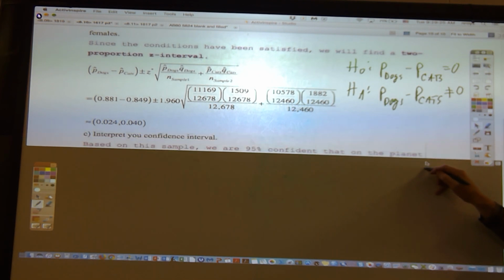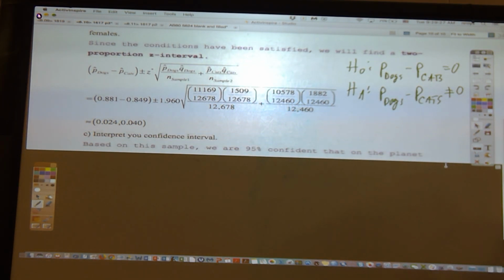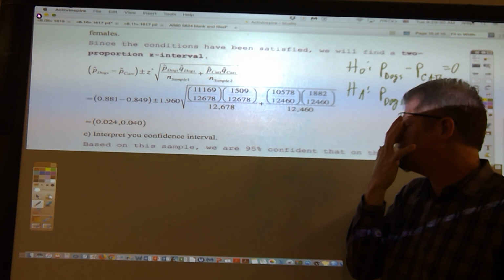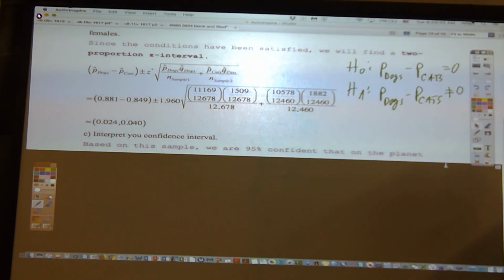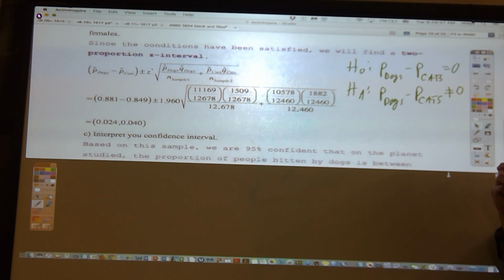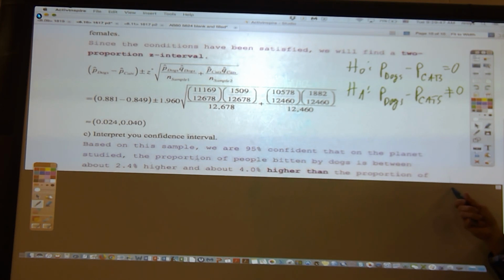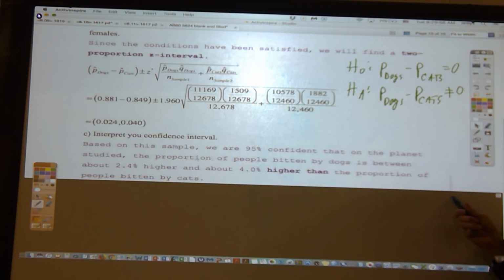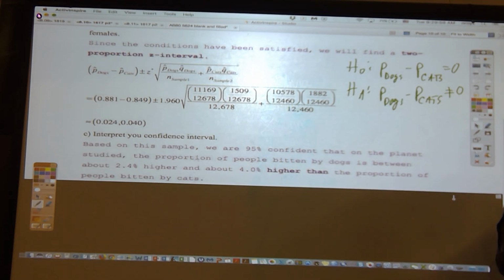So friends, the interpretation is a BOTS statement, B-O-T-S. Based on this sample, we are 95% confident that on the planet studied, the proportion of people bitten by dogs is between about 2.4% higher and about 4.0% higher than the proportion of people bitten by cats.